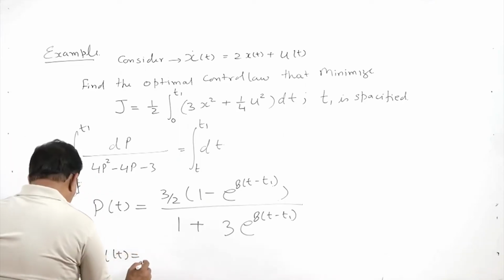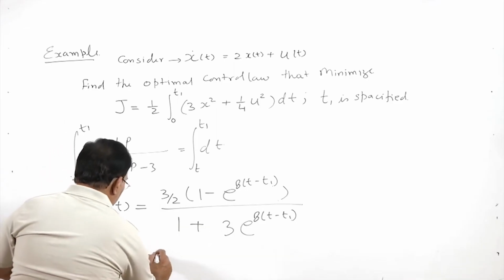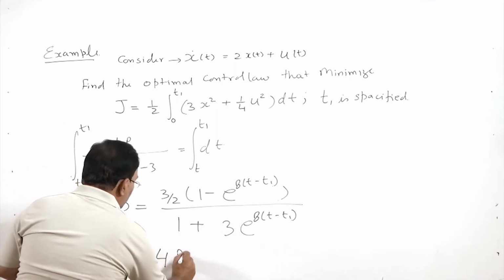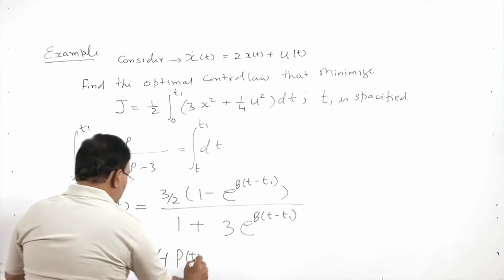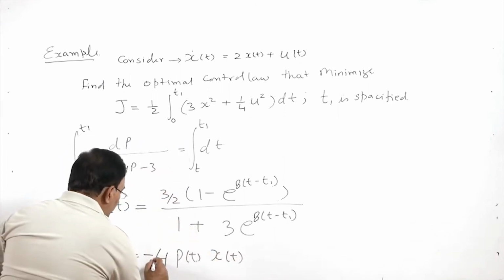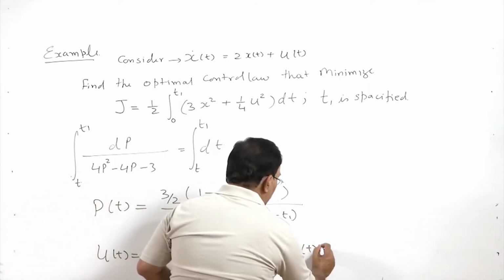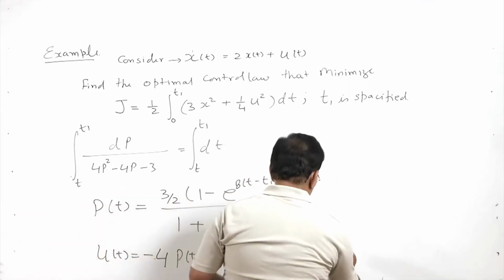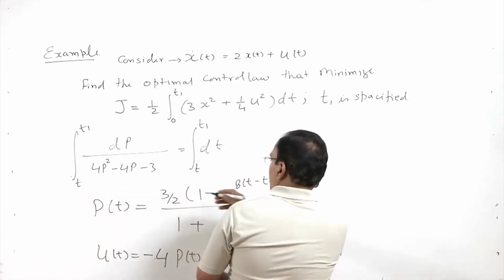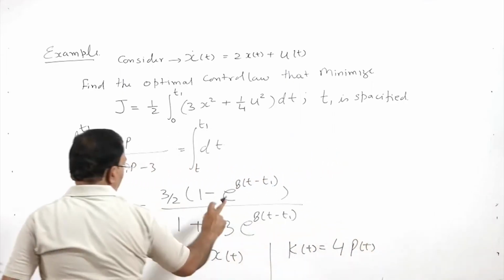And u(t) is nothing but minus R inverse B prime P, which comes out to be 4 P(t) x(t). So, this means my K(t) is nothing but 4 P(t), and this P(t) we have already determined here.